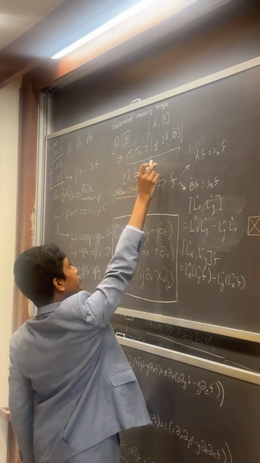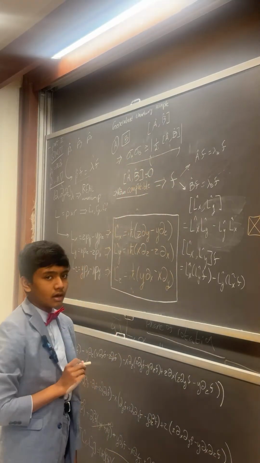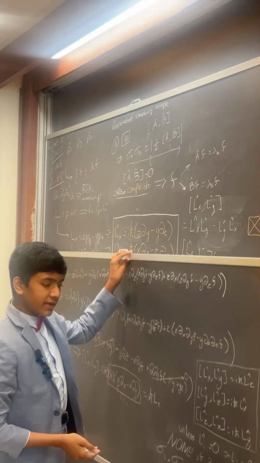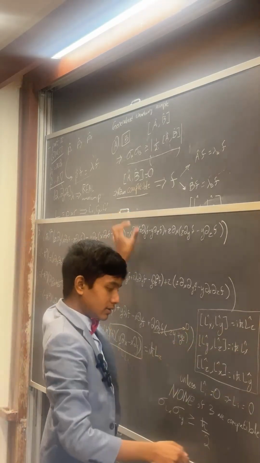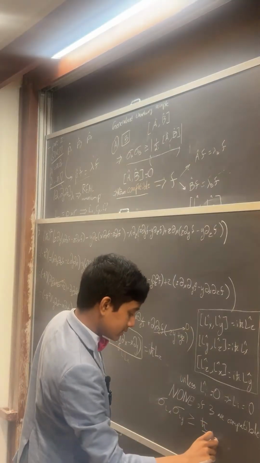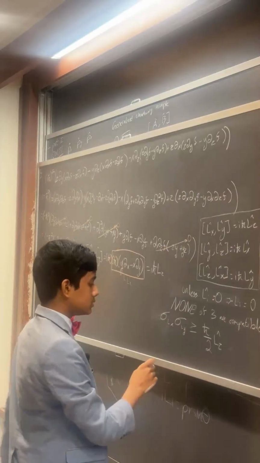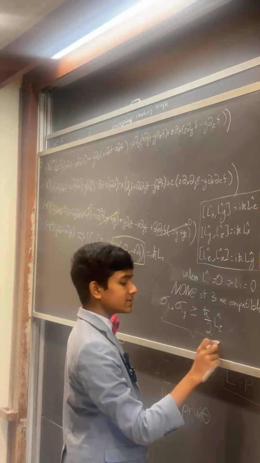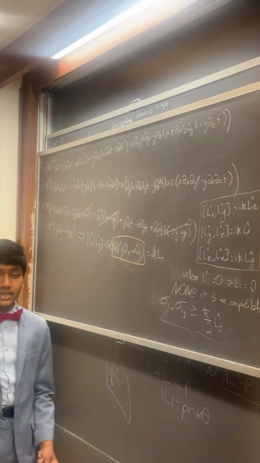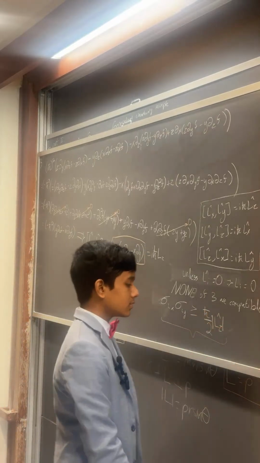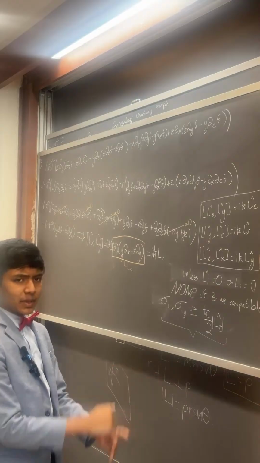It's 1 over 2i, the commutator of A and B. And of course, the commutator of A and B was i h bar Lz. So we get something like this, which is unfortunately very, very sad. So we can't do anything about that.